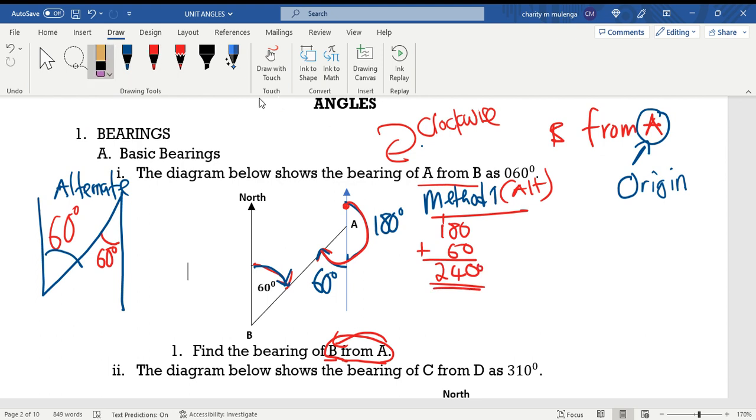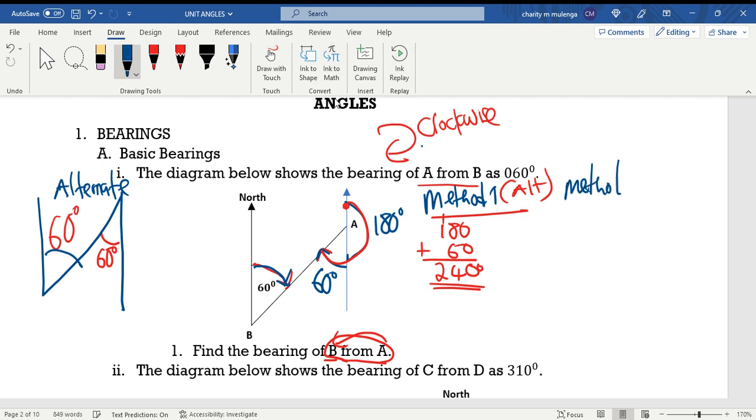Now, let's try to work with supplementary angles. So that's method 2.